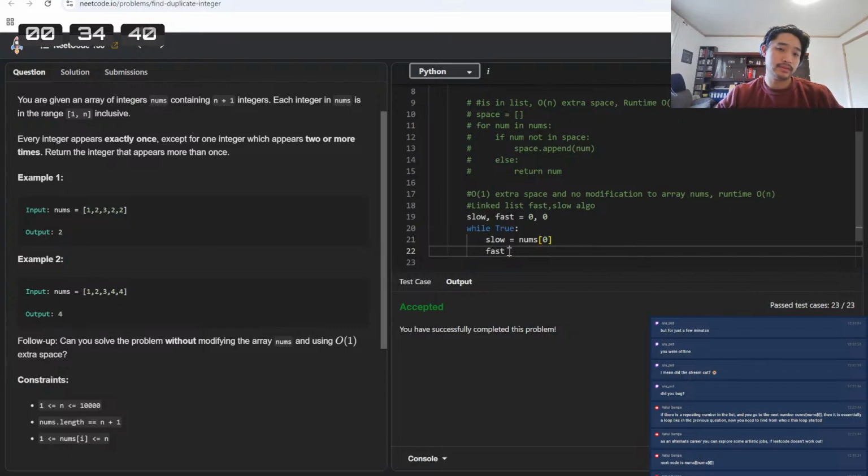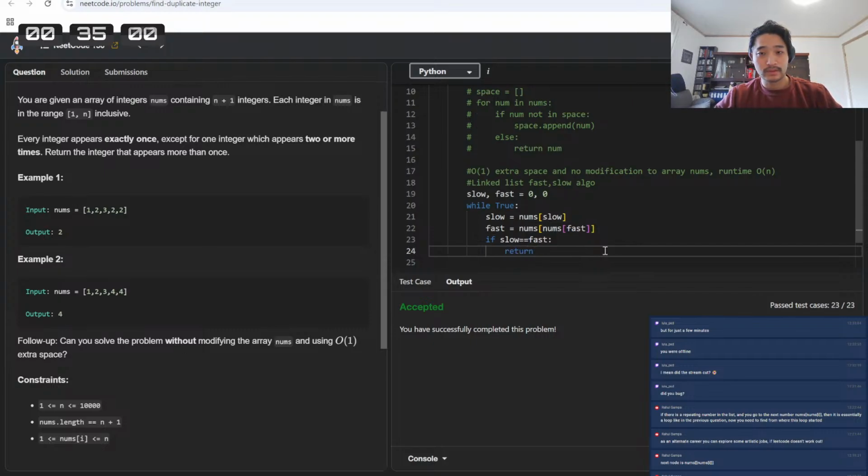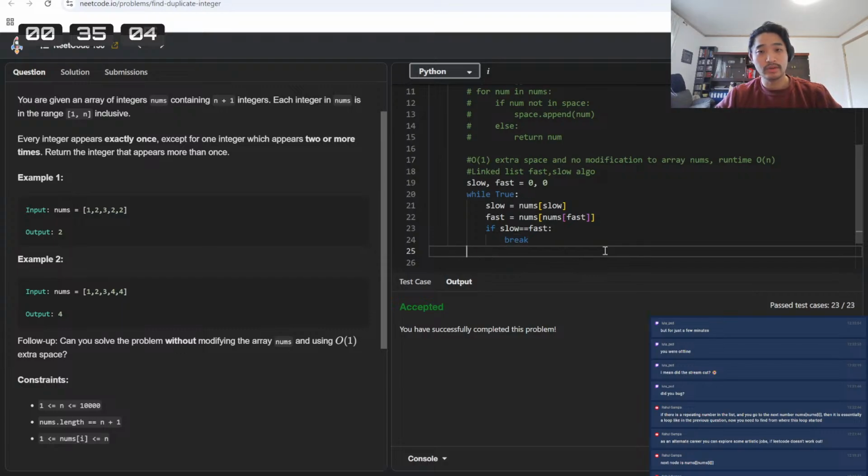And fast would be equals to nums of fast. And if slow equals to fast, return, not return, break. So we break out of the while loop.